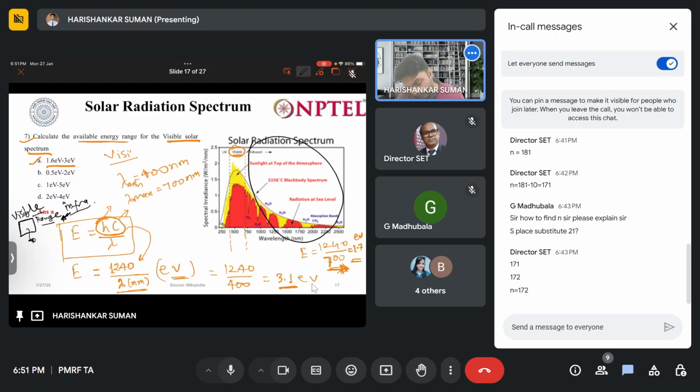But this is a solar cell material. So is infrared useful or not for this material? Will the solar cell give output or not, please?